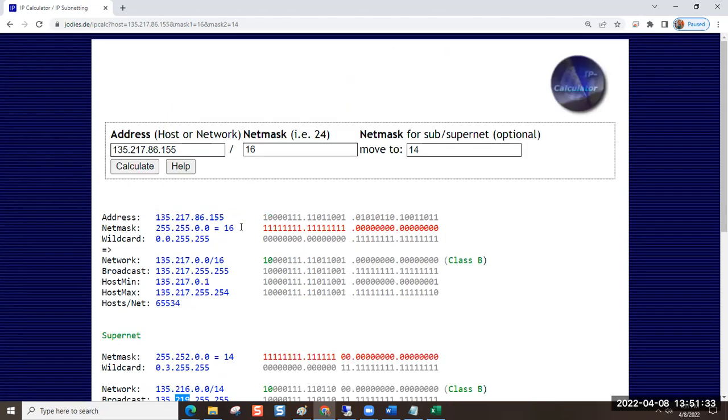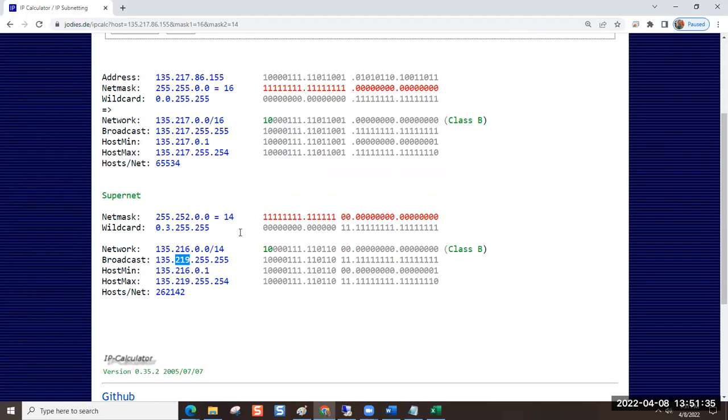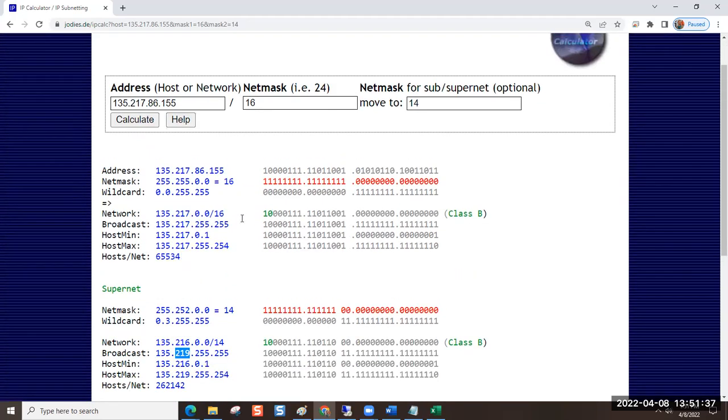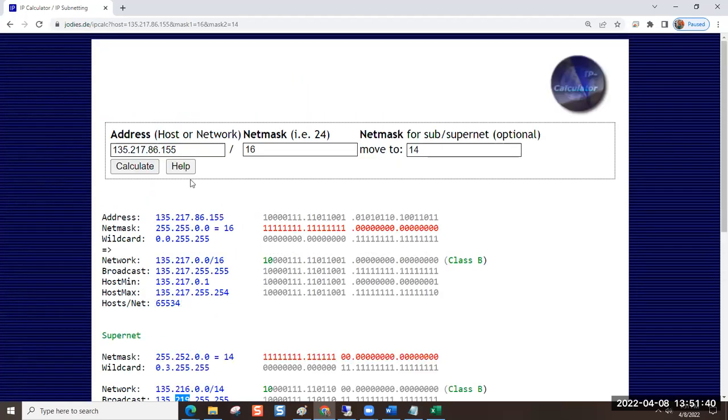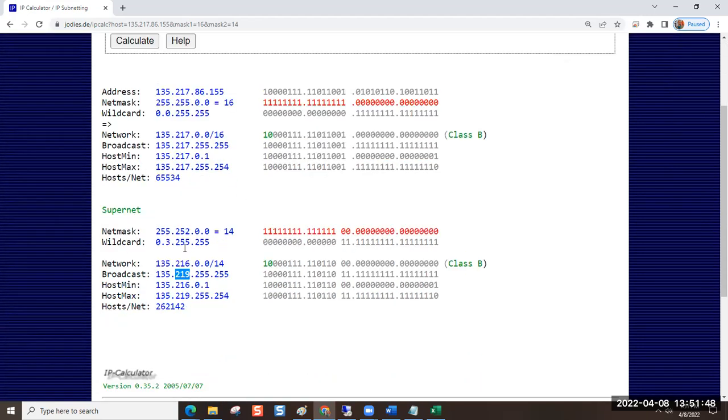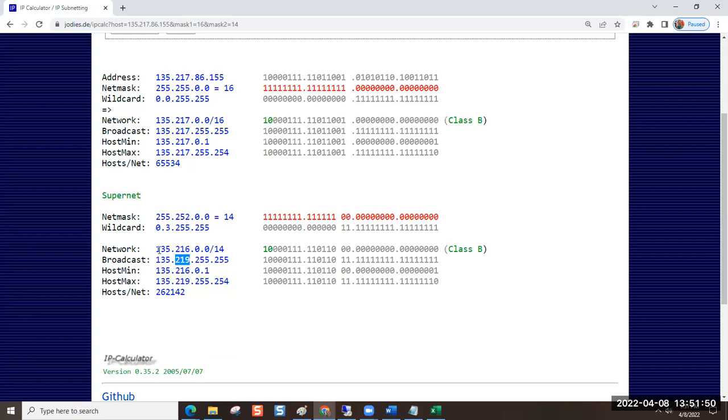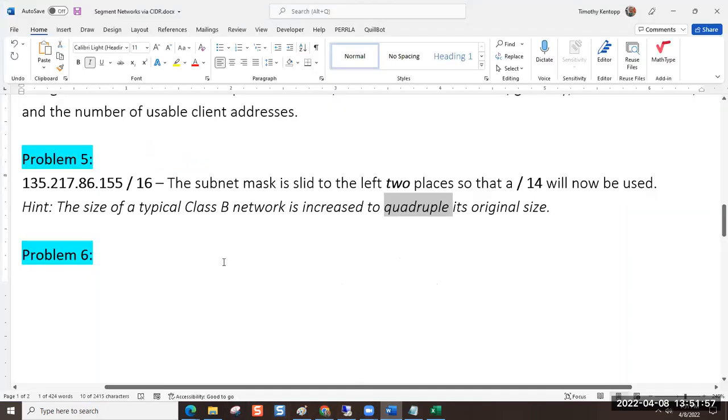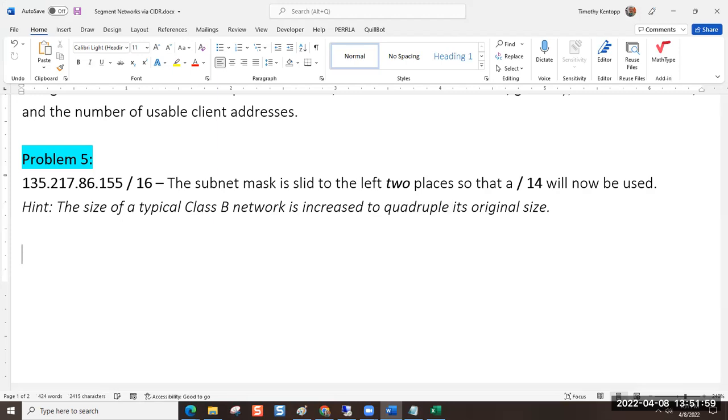And so this website is actually pretty good about supernetting. It's better to use for supernetting. So all you got to do is put the information in here and then click calculate. Any questions on how to use this? So how would I answer the first question? I would say my network ID is, right? Say network ID.